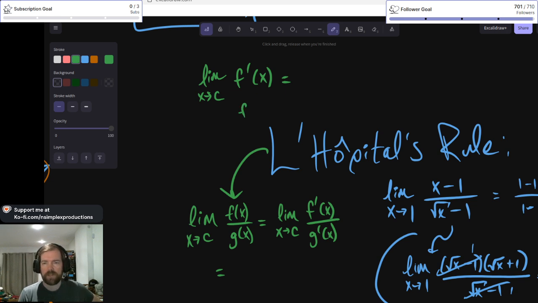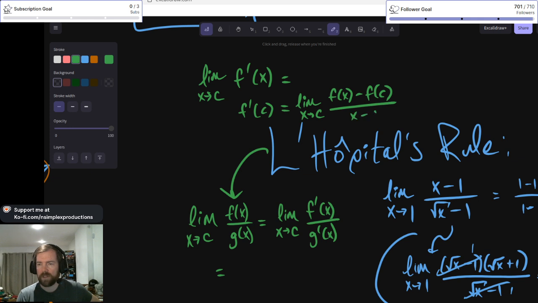So this is going to be f prime at c effectively, which is also the limit as x approaches c of f of x minus f of c all over x minus c.